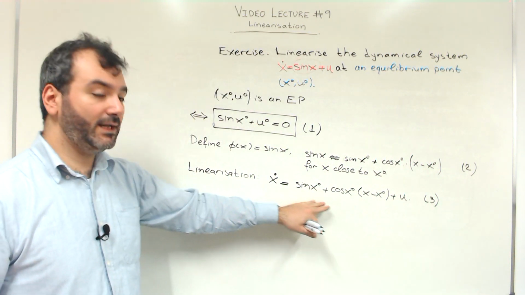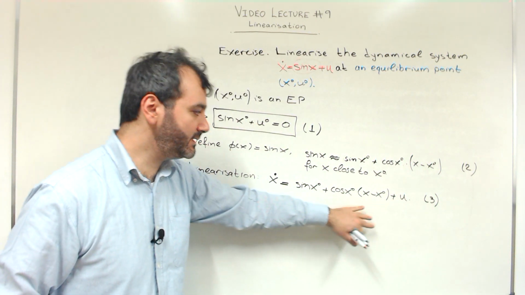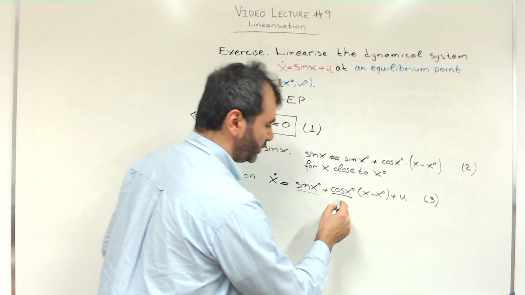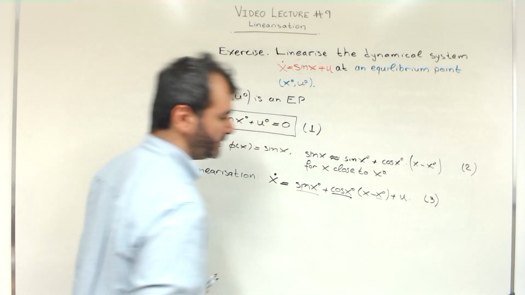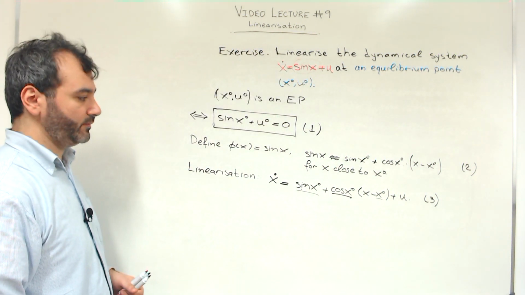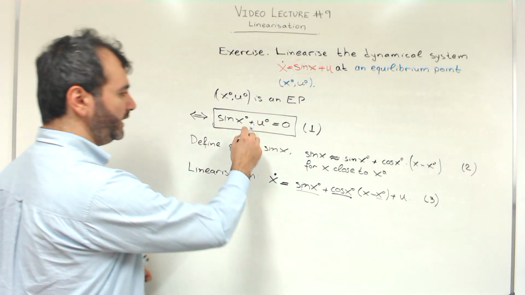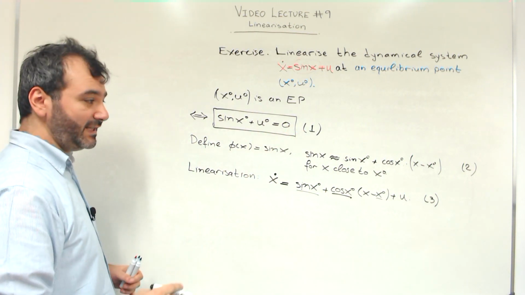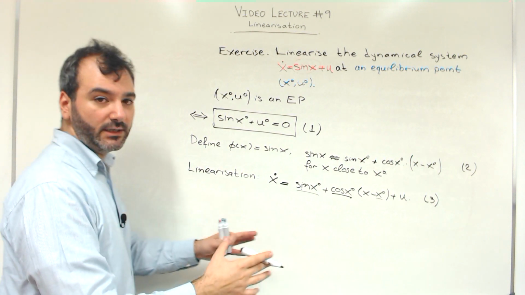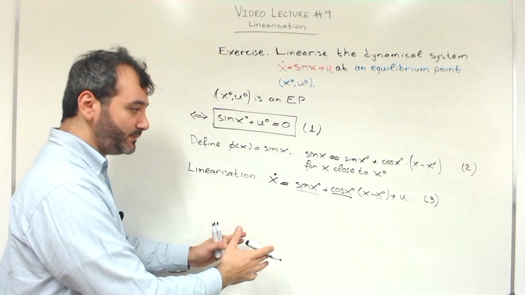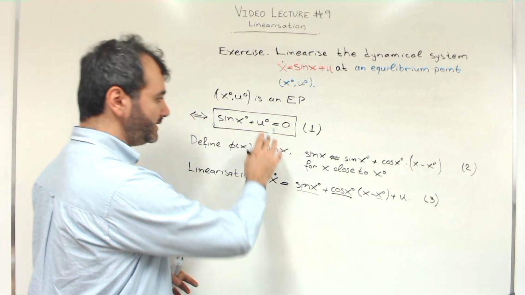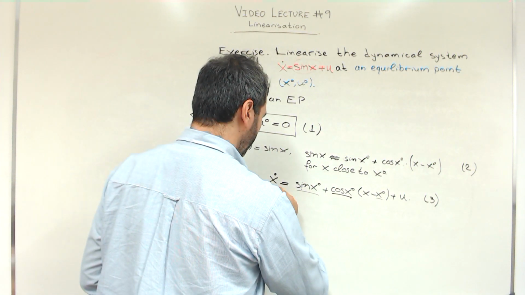This is not a linear system, yet it is an affine system, because if you see here we have this constant term and we also have cosine x0 times x0. But one thing we can do is write equation number 1 just below equation number 3, and this is a little trick we can do. Of course, we can introduce deviation variables at this point, but let us just not do it yet. Let us just copy equation number 1 below equation number 3.